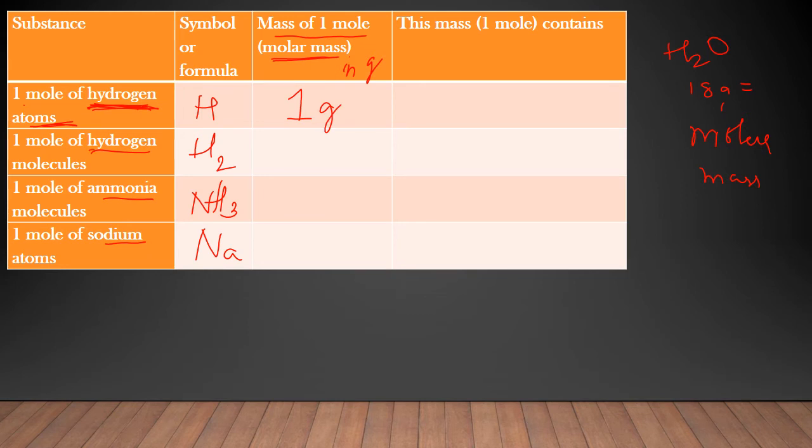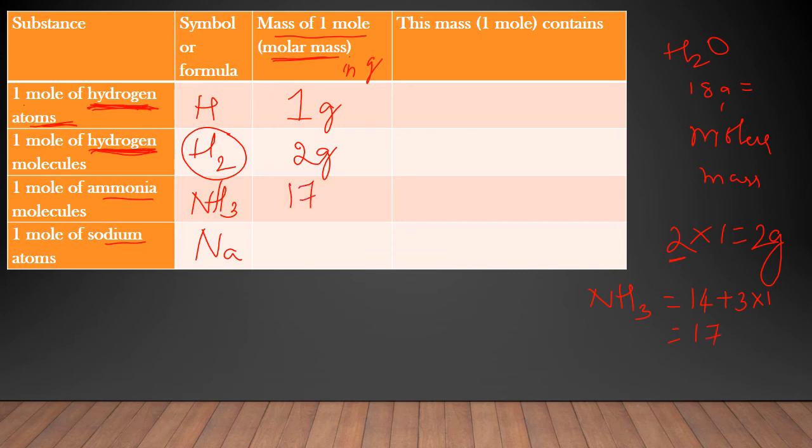I'm talking about molecule here. In the second case, it is H2. H2 means 2 into 1 because I have 2 hydrogen atoms there. So molecular mass of H2 will be 2 grams. In case of ammonia, the molecular mass will be, let's calculate, 14 is the atomic mass of nitrogen. Each hydrogen has a mass of 1, so 3 into 1, so that is 17.